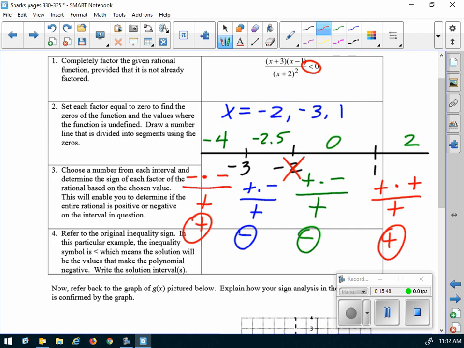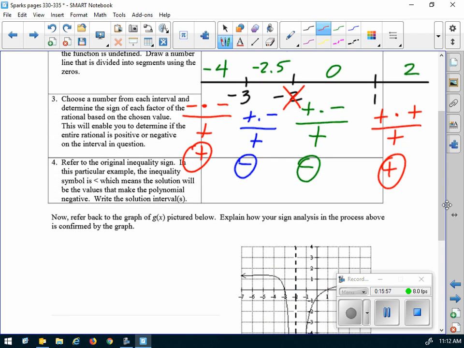Right, because those make the rational expression equal to 0. So, where is my expression less than 0? Well, it's less than 0 where? Between -2 and 1?